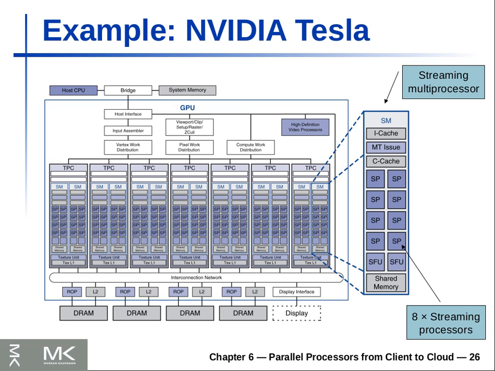It can only do add, multiply, very basic operations. The GPU, or this architecture, puts 8 of them together, along with some floating point units just in case. And inside of this unit, you have a cache, a multi-thread issue unit, so you can issue to all these different streaming processors, and an iCache. What does this look like to you?